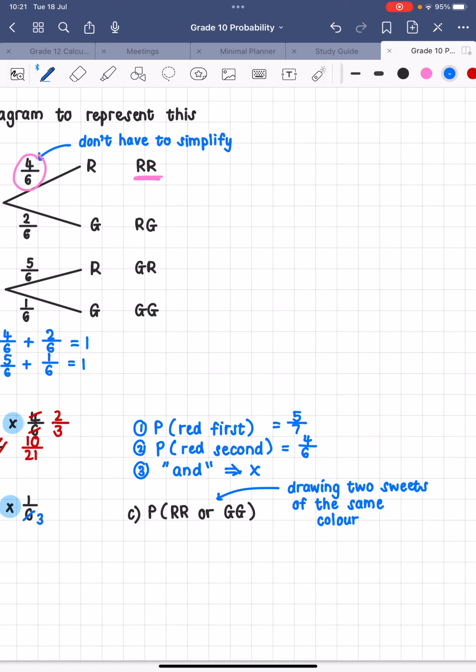Do we agree that it could be either 2 red sweets or 2 green sweets?